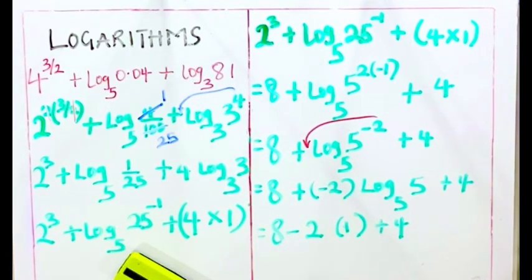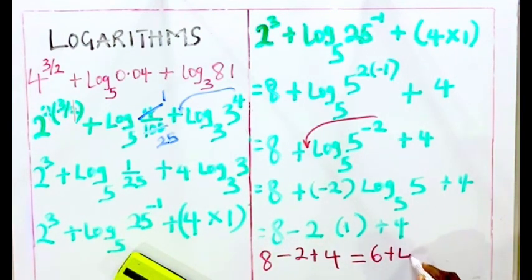This will be 8 minus 2 times 1 is minus 2 plus 4. 8 minus 2 is 6 plus 4, and 6 plus 4 is 10, which is your final answer.